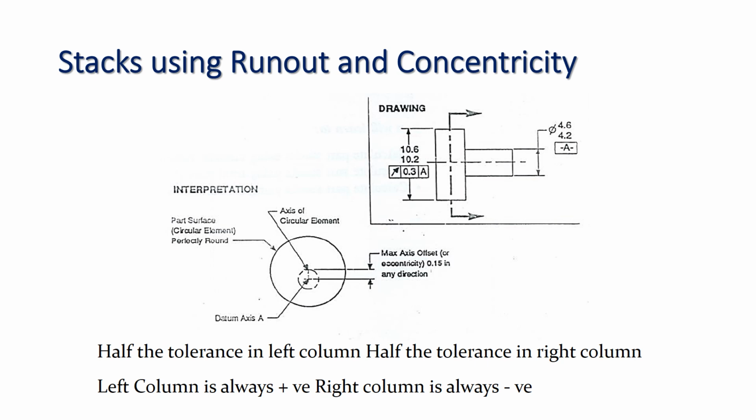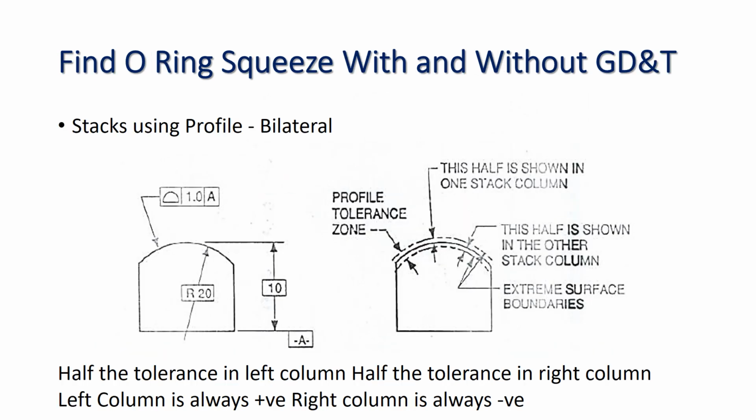So add: the left column is always positive and the right column is negative. And find the O-ring squeeze with and without GD&T. Stacks using profile or bilateral.